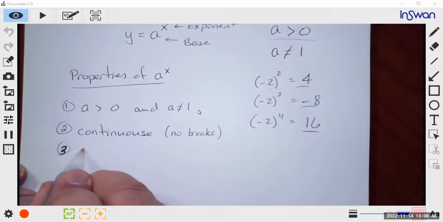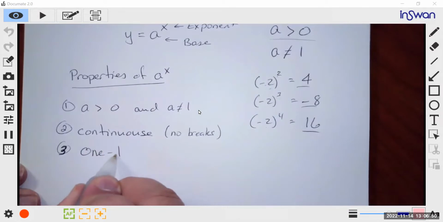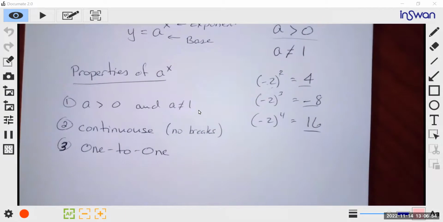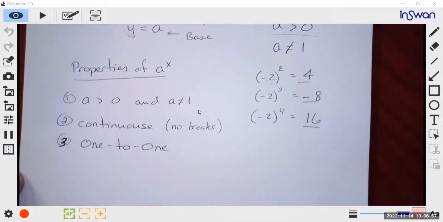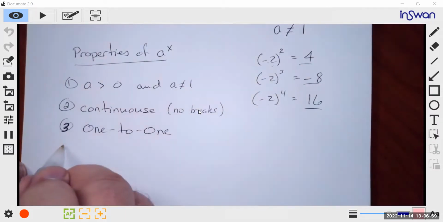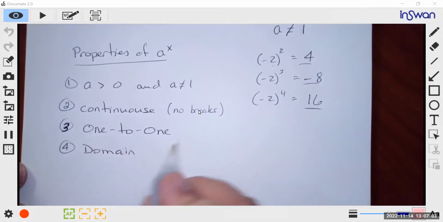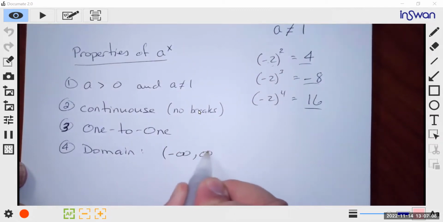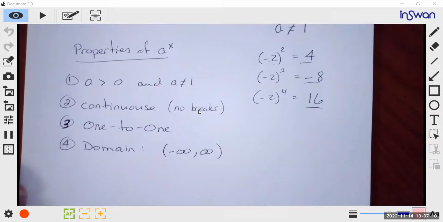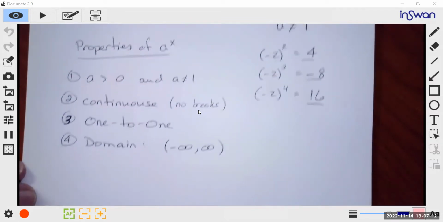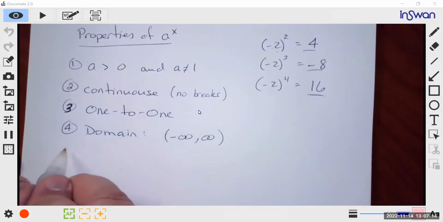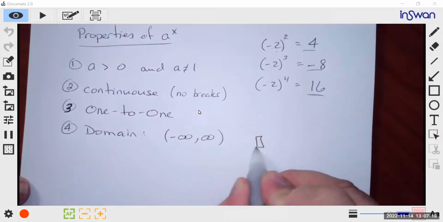Since it's continuous, it has to be one-to-one, meaning we can't draw a horizontal line across it more than once. The domain of the function is all real numbers, from negative infinity to positive infinity. That's what R means.